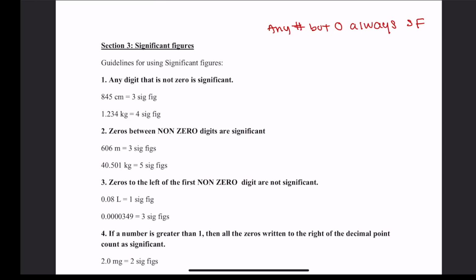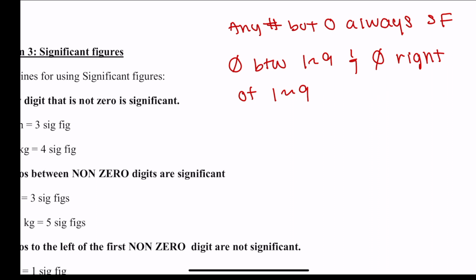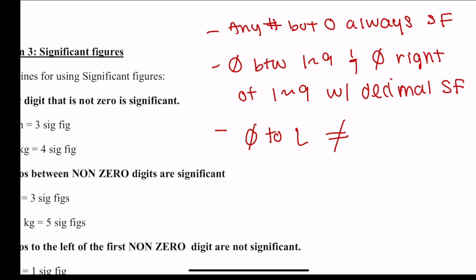And then here, I like to say any 0 between numbers 1 through 9, and any zeros to the right of 1 through 9 with a decimal are significant, and then any 0 to the left, not significant.